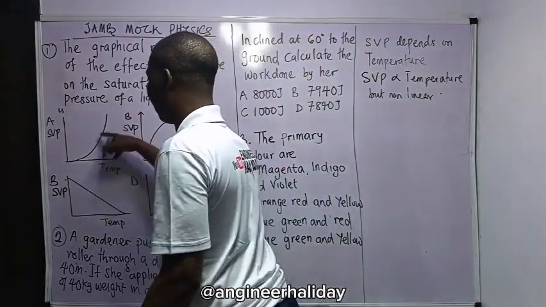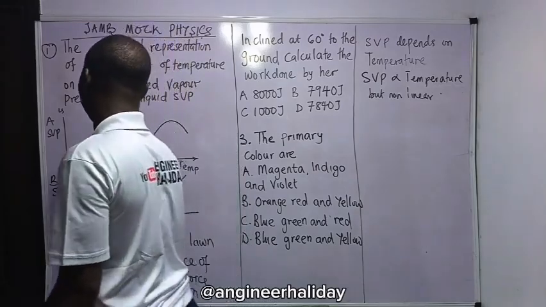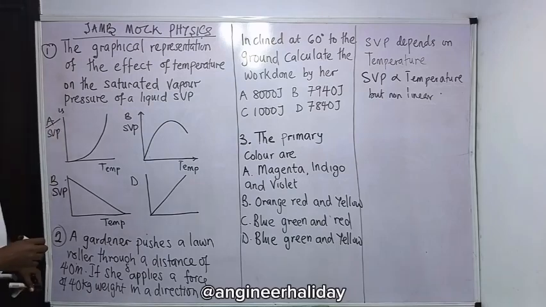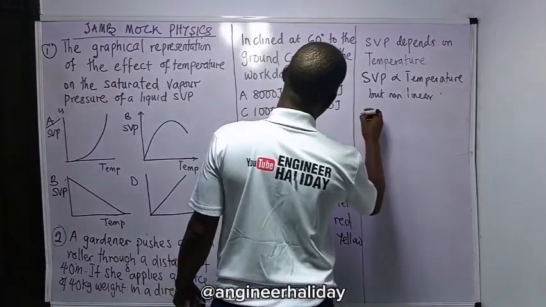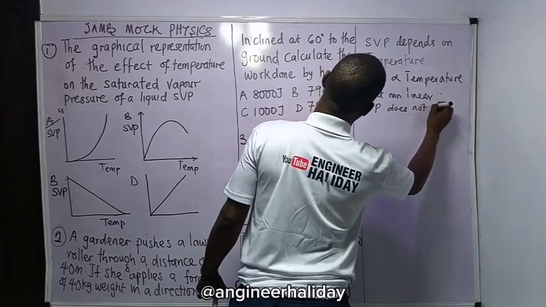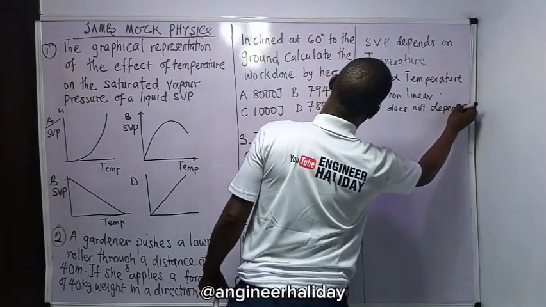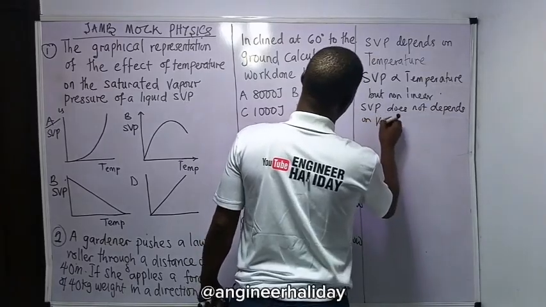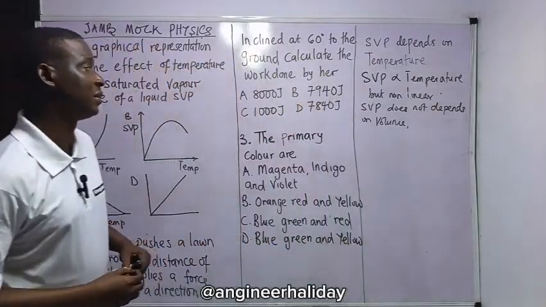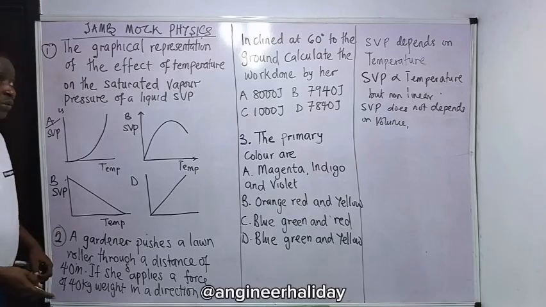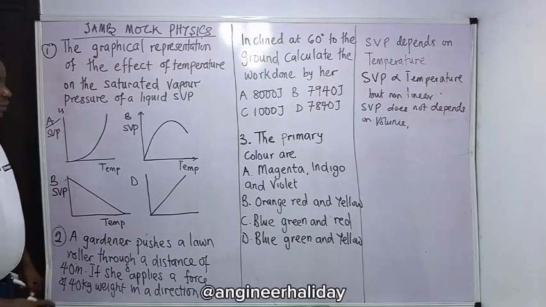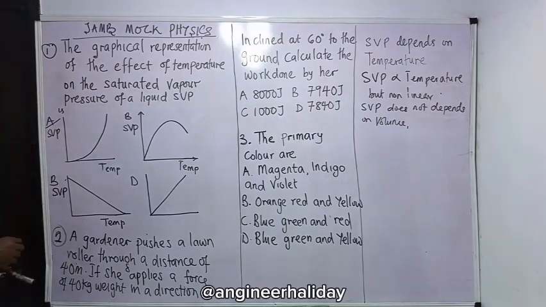The graph is proportional but non-linear, so the better graph for that effect is option A. Note that SVP does not depend on pressure or volume, but depends only on temperature. That is the answer, so we go for option A.